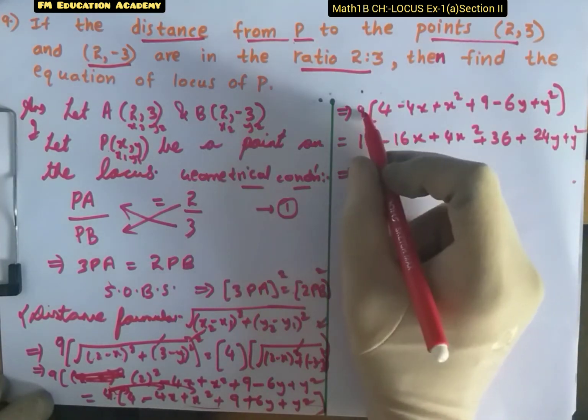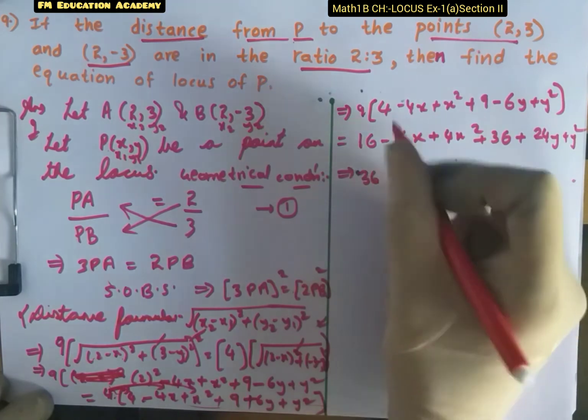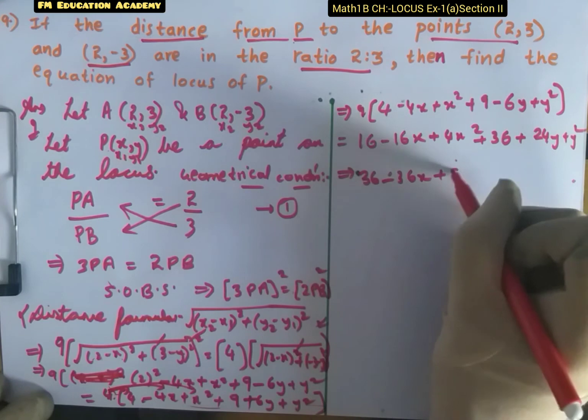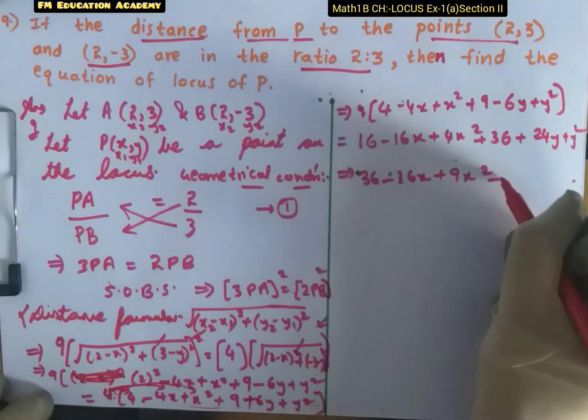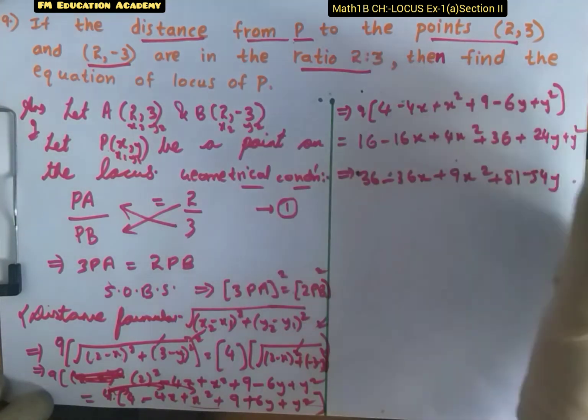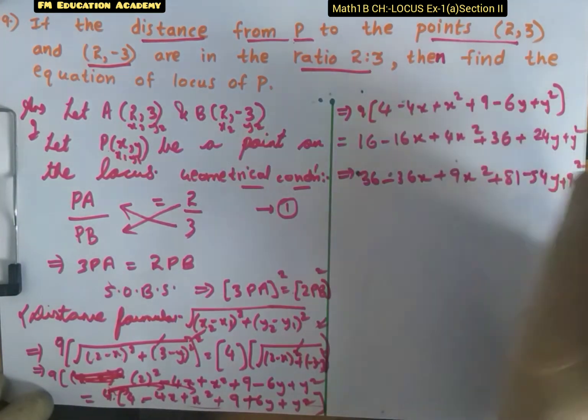Now we'll open the 9 also. 9 fours are 36, 9 into minus 4x is minus 36x, 9 into x square is 9x square, 9 nines are 81, 9 sixes are 54, and 9 into y square is 9y square.